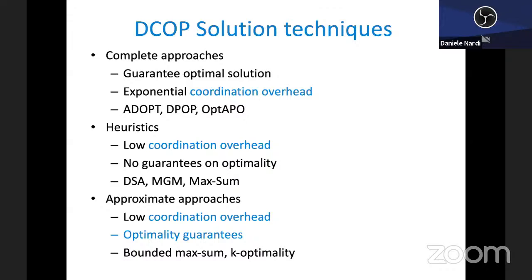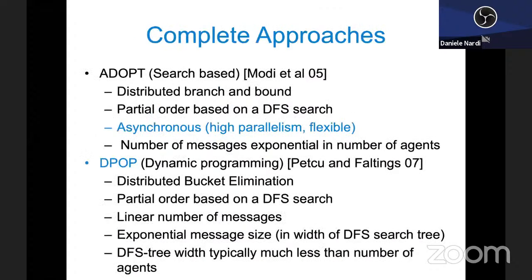They may be losing optimality up to a certain point, and they tend to minimize the coordination overhead, both in the case of the heuristic and in the case of approximate approaches, namely less computation and less messages over the network. So I already announced that ADOPT is based on a distributed, search-based approach, and we're not going to go into the details.